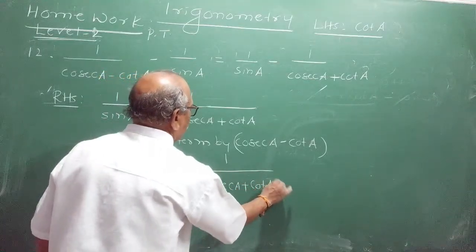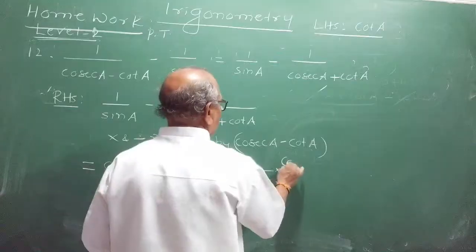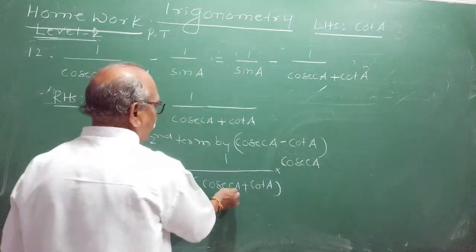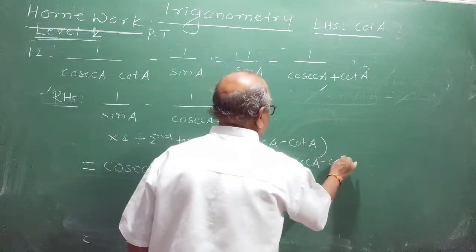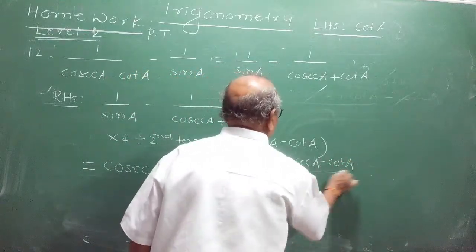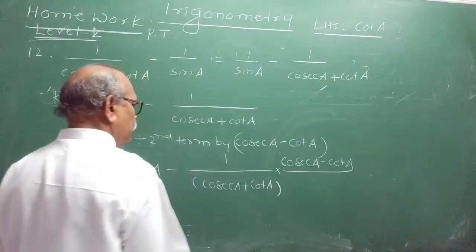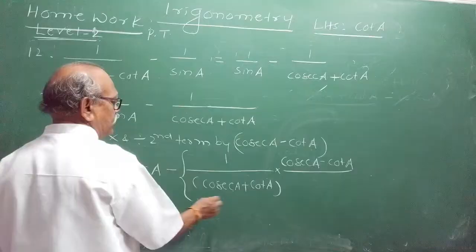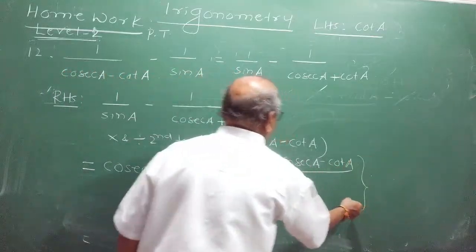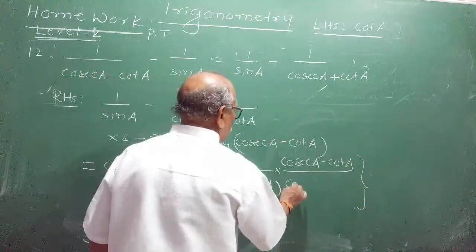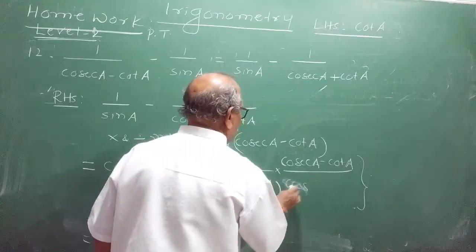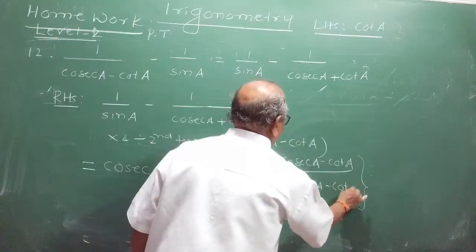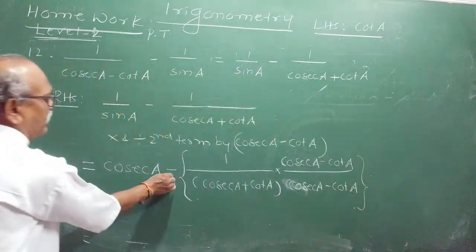You are multiplying and dividing by what? Cosec A minus cot A, to eliminate this, divided by, you can write it in bracket, very important, upon cosec A minus cot A. Observe carefully, because there is a minus sign.